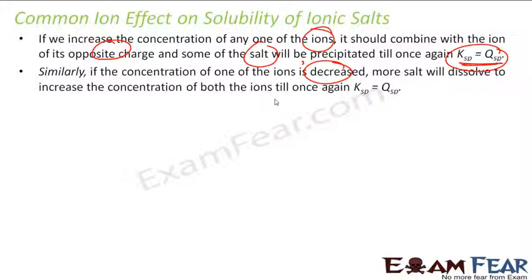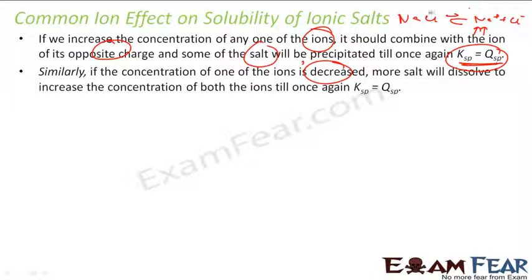For example, I'll tell you here. If we have NaCl giving Na plus and Cl minus, and we increase the Na plus, what will happen? The stress will be overcome by forcing this reaction in the reverse direction. So NaCl will come out. If you decrease the concentration of Na plus, the stress will be removed by forcing the equilibrium in this direction.